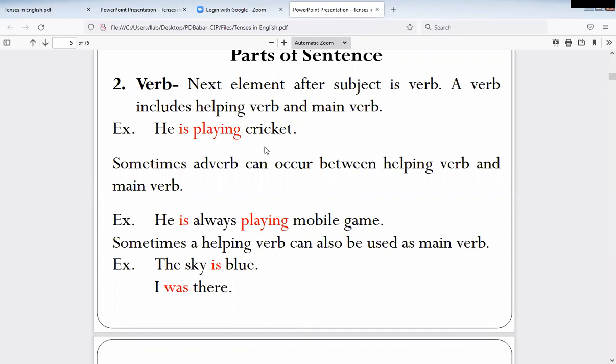And the main verb has four forms: the simple form, then the past form, then the past participle form or third form, and the fourth form is the ing form, or V-ing form.